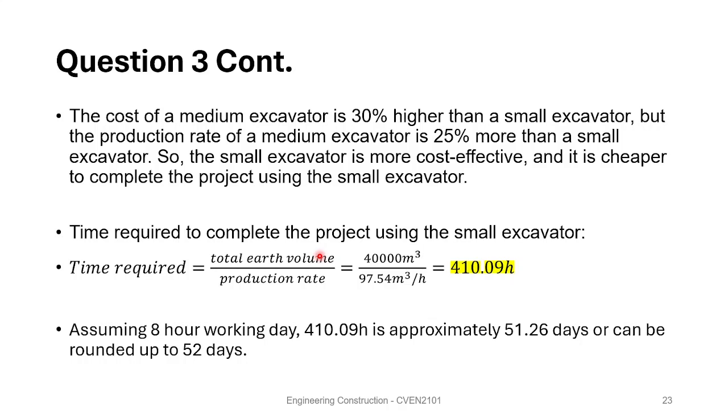The production rate turns out to be only 25% more than the small excavator, so it doesn't actually make much sense to hire the medium excavator. Once you know the production rate for the small excavator, you can find out how many hours it needs and the number of days.